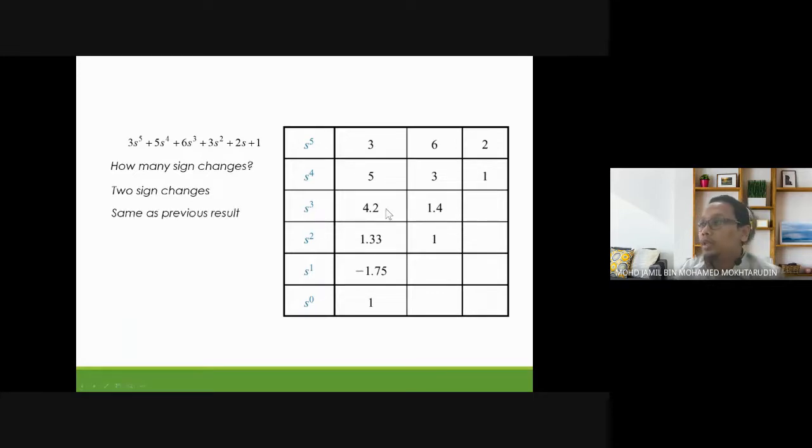In the first column, you have two sign changes, from here to here, and then from here to here. So you will produce the same results as using the first method. There are two sign changes, meaning that there are two poles on the right half plane of the S plane, and the system is also unstable.